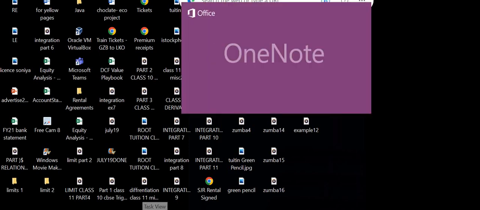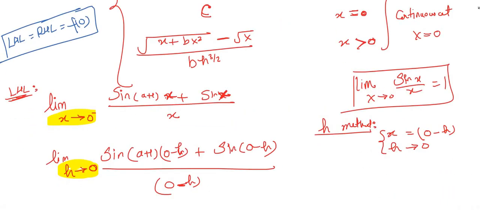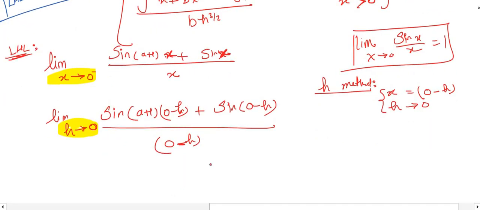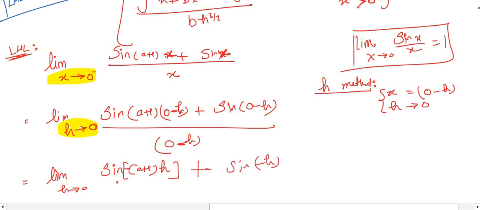So there was some problem. Let me write it down here. So it will be limit h tending to 0, sine of (a plus 1)(0 minus h), and 0 minus h will be minus h, correct? So this minus I am writing here, plus sine of minus h by minus h.